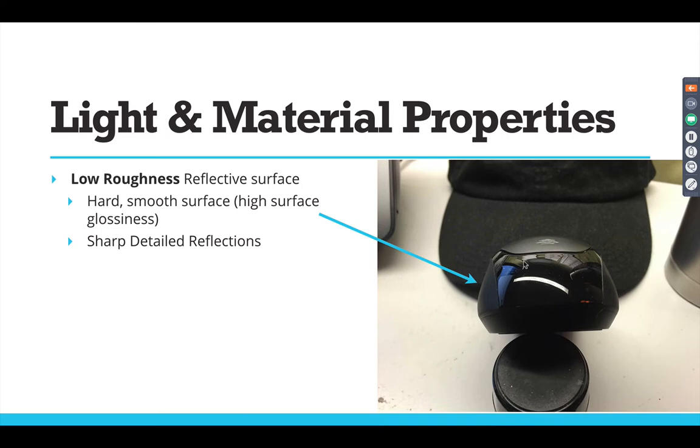You can see some environment. You see my screen, you see my messy wall, you see all kinds of stuff there. This type of surface we would describe as very low rough, a very low amount of roughness in it. It's reflective, it's smooth, it's hard, sharp details in the reflections.